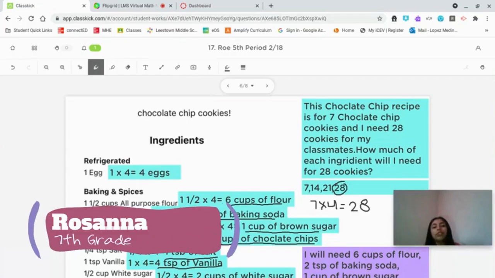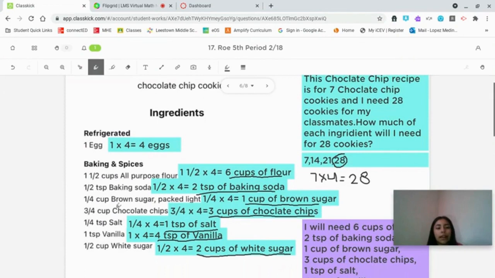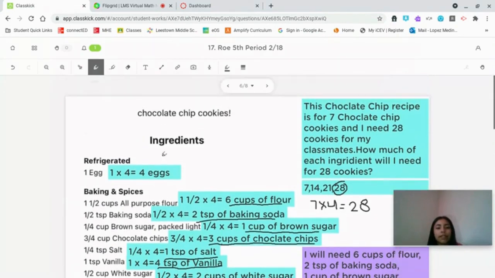The recipe I chose was chocolate chip cookies, and this is a recipe that makes 7 chocolate chip cookies. And my question was, how much of each ingredient will I need for 28 cookies? It says a chocolate chip recipe is for 7 chocolate chip cookies, and I need 28 cookies for my classmates.